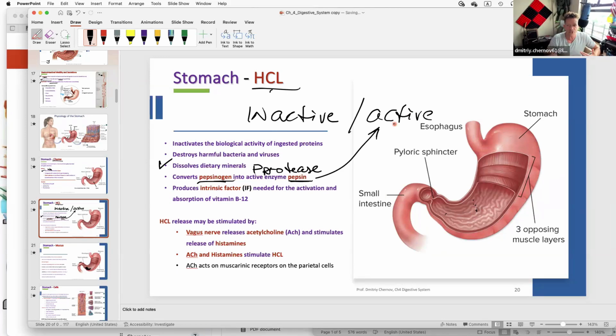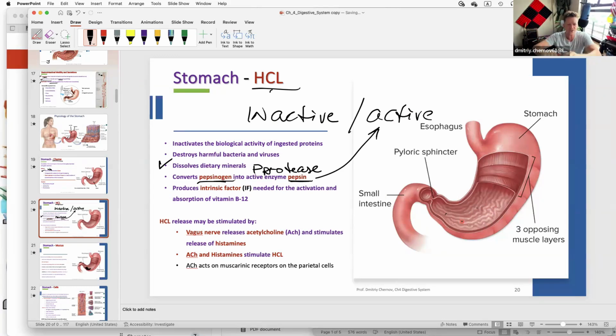Pepsinogen is inactive, because if the pepsin would be constantly here, that pepsin will destroy the internal lining, right? The inner lining of the organ, because we're all made from proteins. So that's why it's in inactive form.